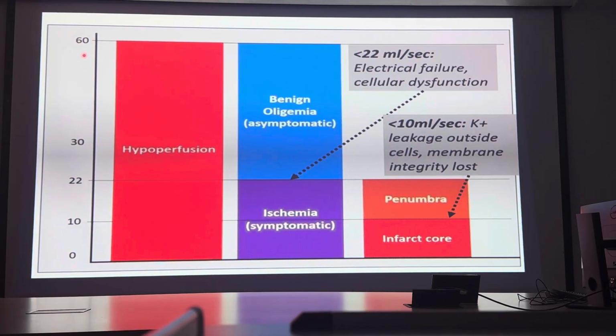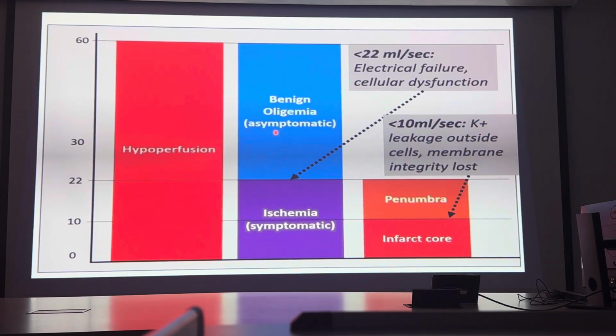So let's go again and put the value of the cerebral blood flow against the time element, and this is the whole phase that the brain will go into secondary to occlusion, which is called hypoperfusion. If the blood flow value stays in the range of 50 to 60 and above 30, this is still benign hypoperfusion, and we call it benign oligemia.